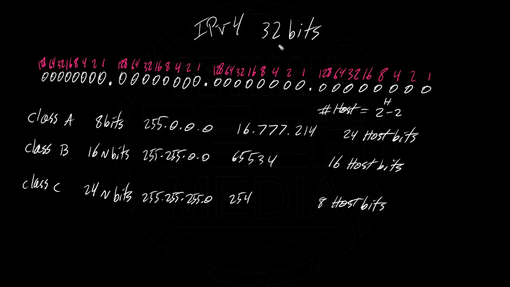If we quickly go over the ranges, for class A, we talked about 1 to 127, which again, 127 is reserved for loopback. It's better to write down 126.